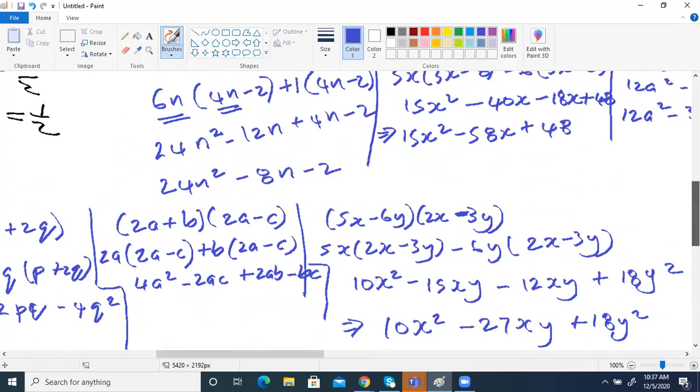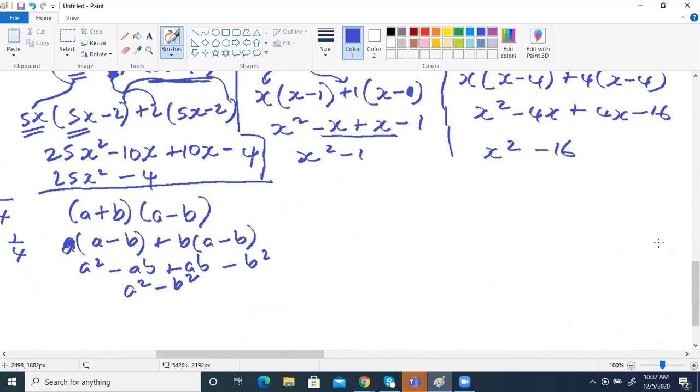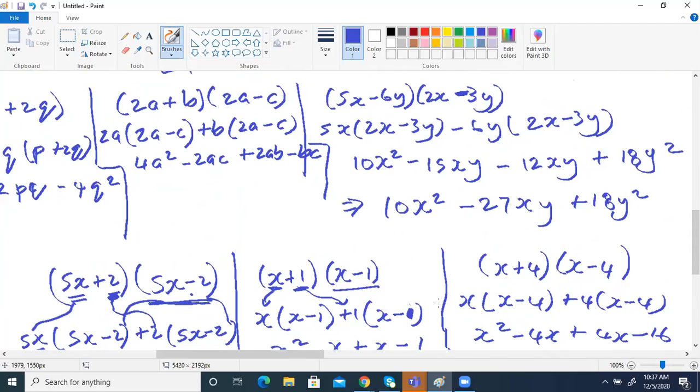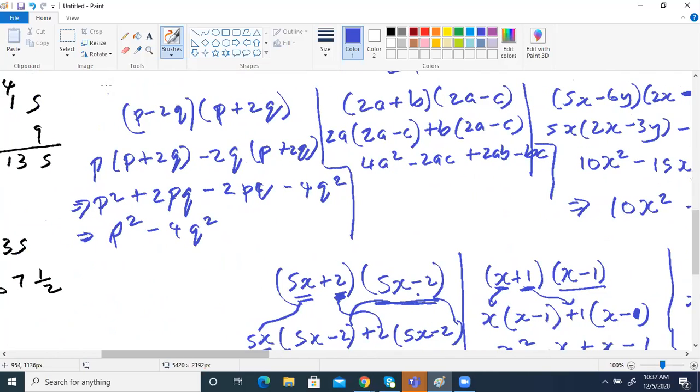Here we don't have any middle term, just two terms. Anything else? And what about this number here? Anything special about it? We'll have another question like it up top here. Let me show you. We have one left here. Say it had a minus and a plus. So we'll get something here.